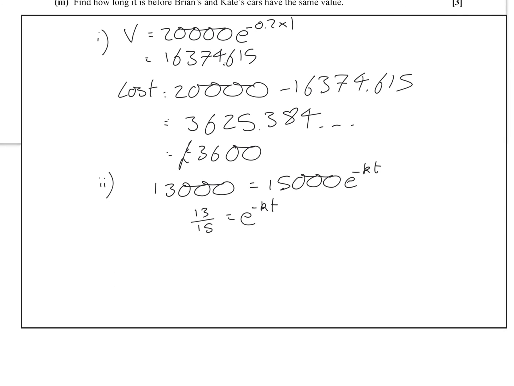So we get 13 over 15 equals e to the minus k. What are we going to do with that? We're going to ln both sides. ln of 13 over 15 equals minus k. So k equals, and that's where we get our 0.413.